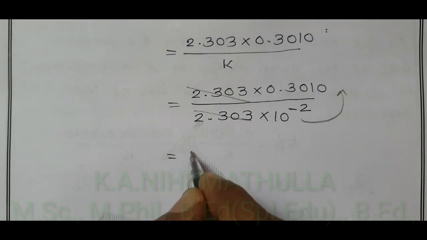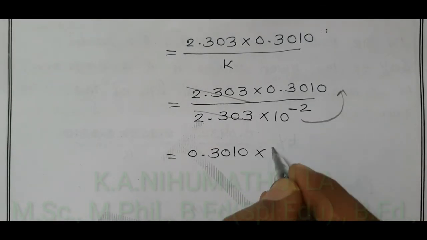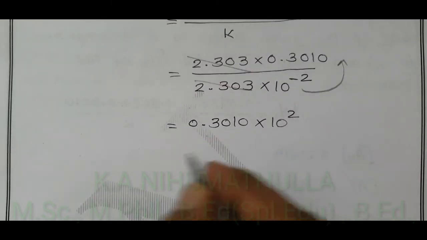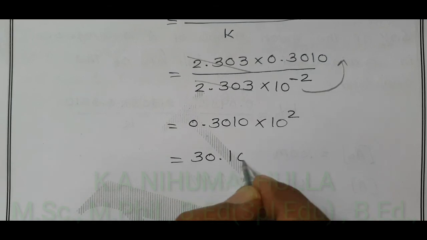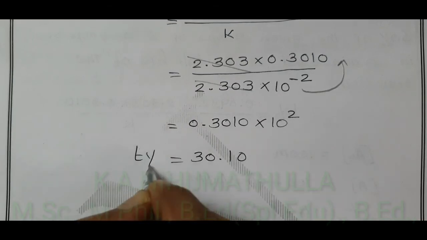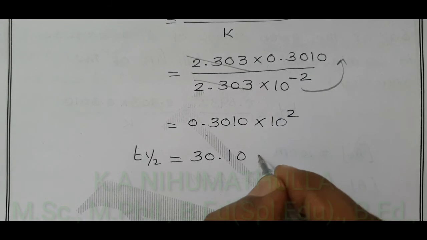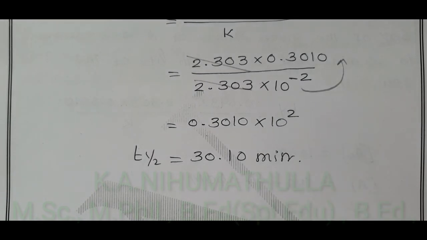That is equal to 0.3010 into 10 power 2, that is equal to 30.10. The K unit is minute power minus 1, so the half-life period is 30.10 minutes.